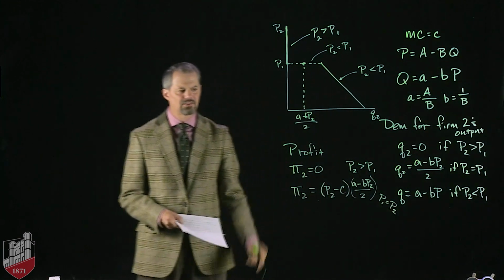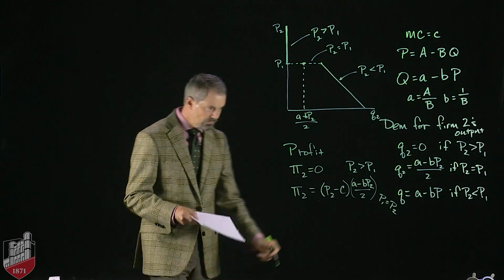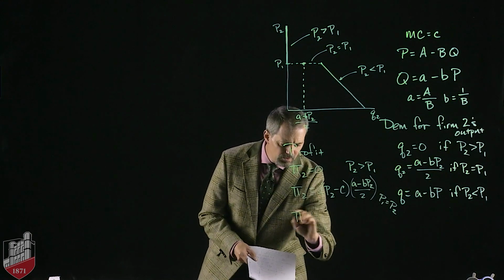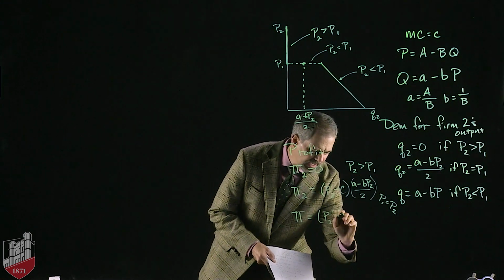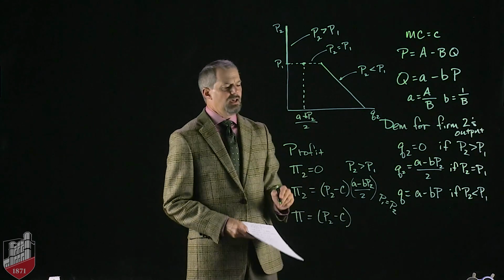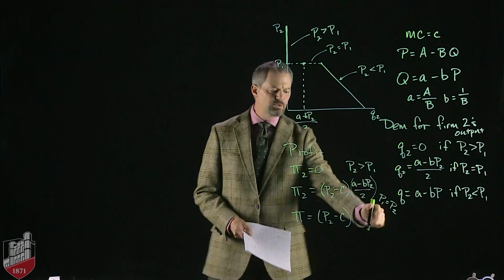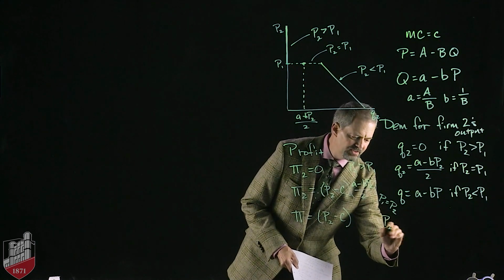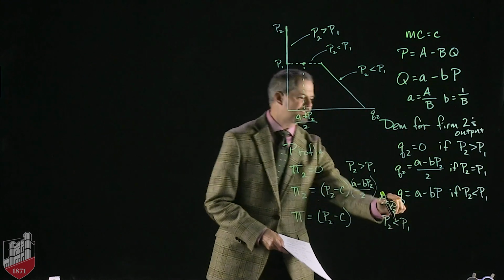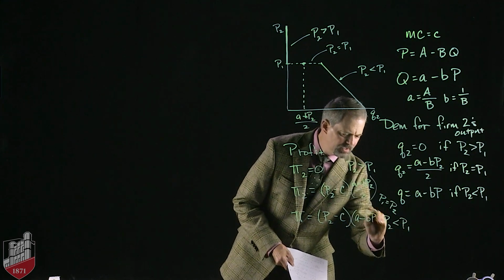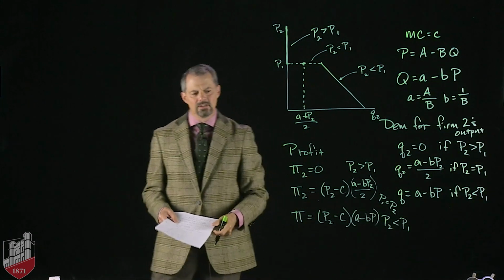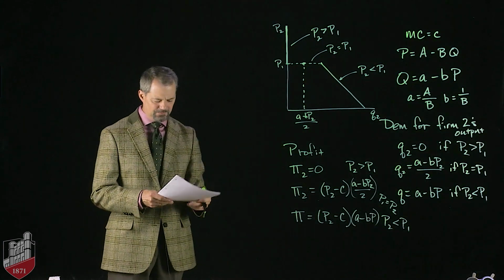The two have the same price. And then the profit for firm 2 would be this difference between the price and their cost, but now we're thinking about the situation where P2 is less than P1. So they're going to sell the full quantity, which would be A minus BP. So you get this discontinuous profit function.